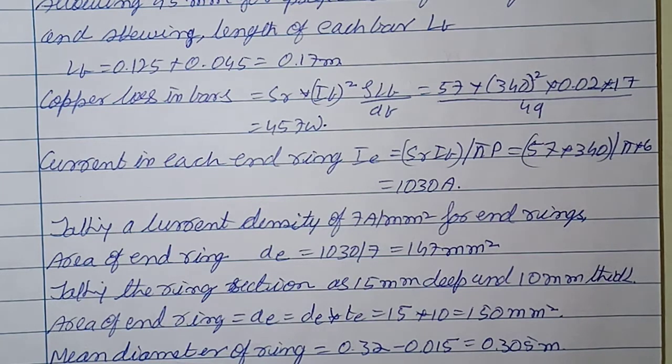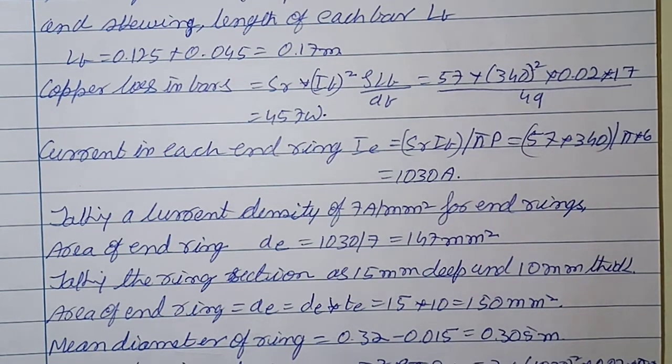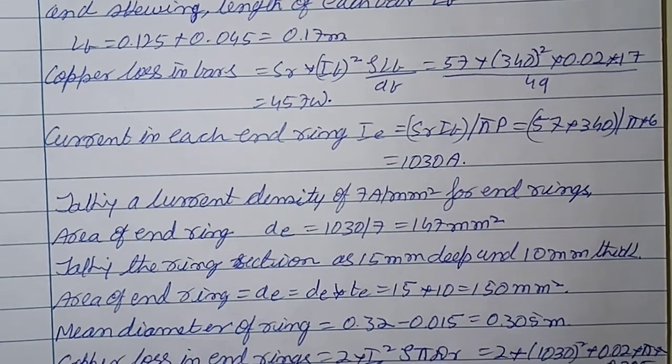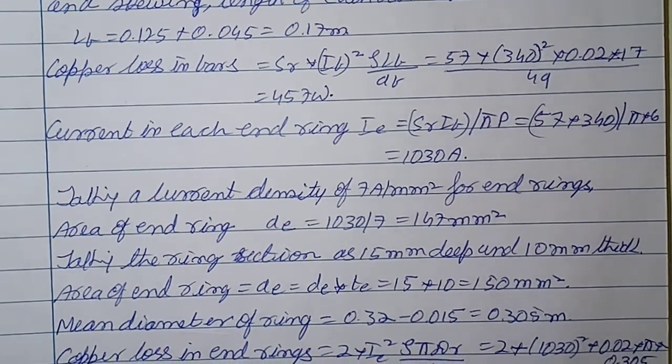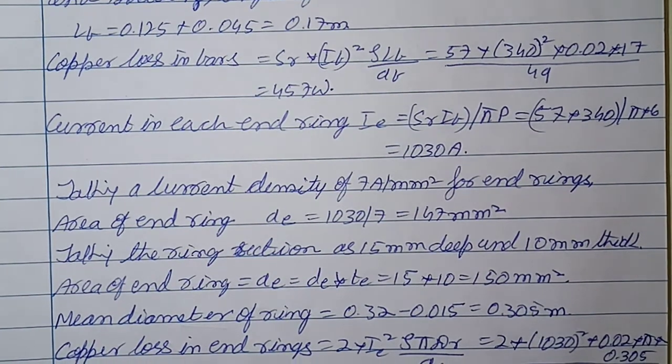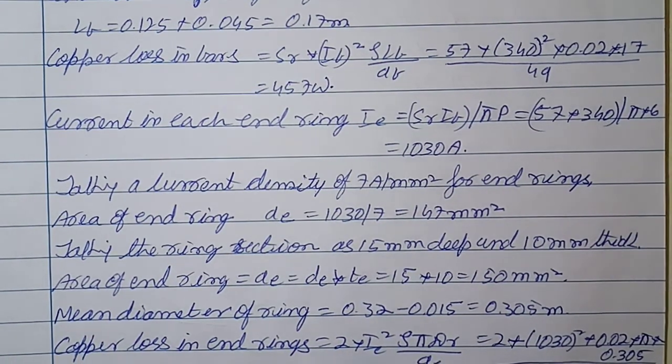It is given as 0.32, which is actually what we have for the bore diameter, so we'll take a lesser diameter for the ring. So we have 0.32 minus 0.015, which comes to 0.305 meter. Copper loss in end rings is 2 IE square, rho pi dr by AE.